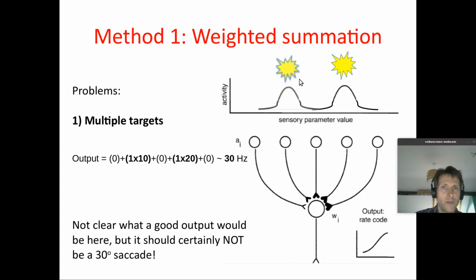Maybe we should move to the closest stimulus, maybe the one that's furthest away, maybe we should decide randomly, or maybe we should saccade to some average point in between the two. But it seems pretty likely that we shouldn't overshoot both of the stimuli and land up at 30 degrees. That seems like it's not good, right?